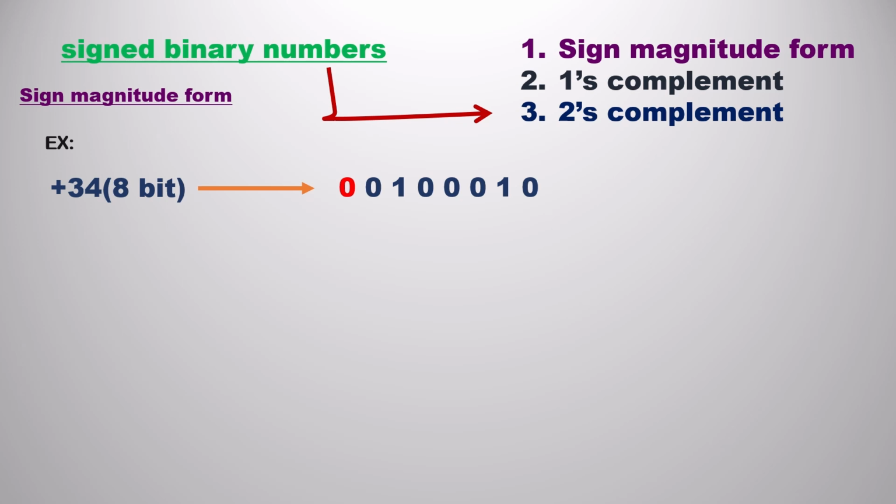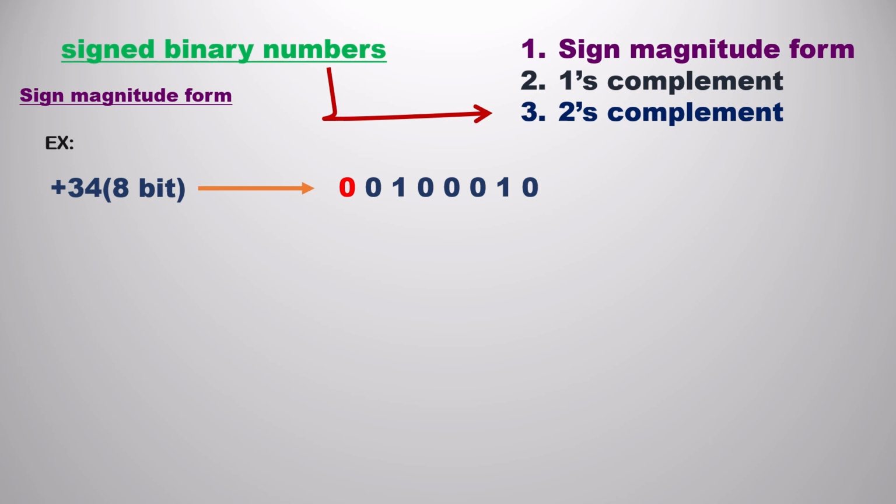Consider an example, then you will be able to understand it very clearly. If you consider 34, a decimal number, and you want to write that in 8-bit binary form, that is 00100010. The red highlighted 0 is known as the most significant bit.